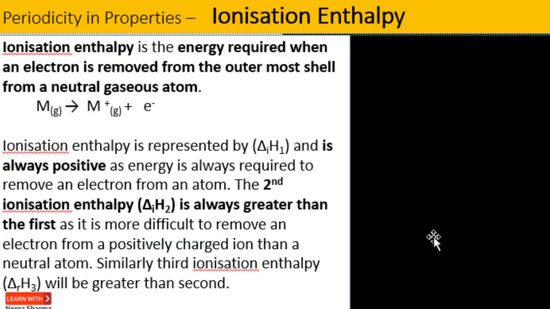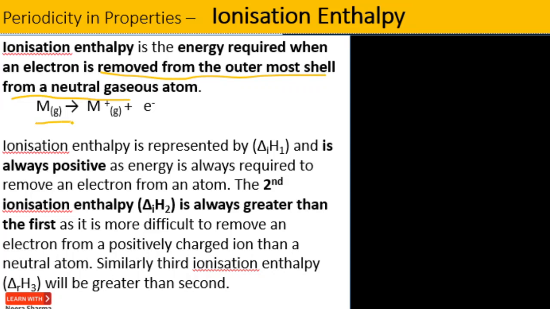Let's look at the next property, that is the ionization enthalpy. Ionization enthalpy is the energy required when an electron is removed from the outermost shell of a neutral gaseous atom.